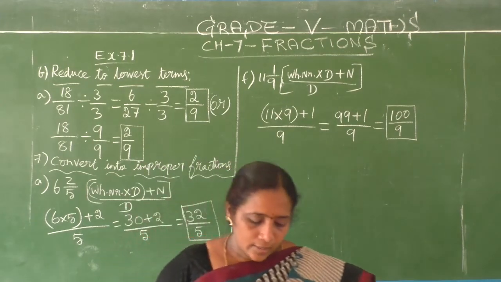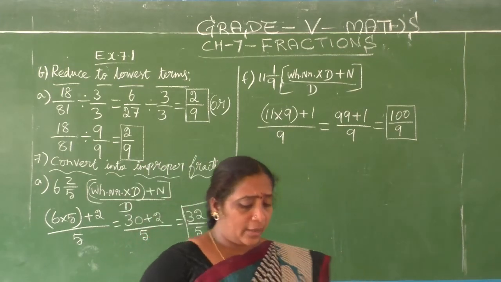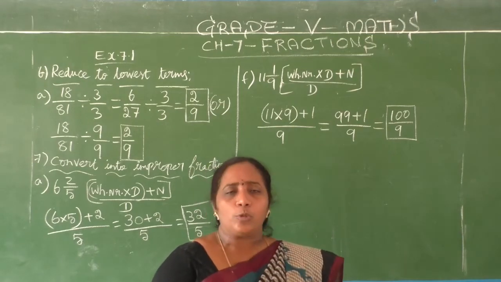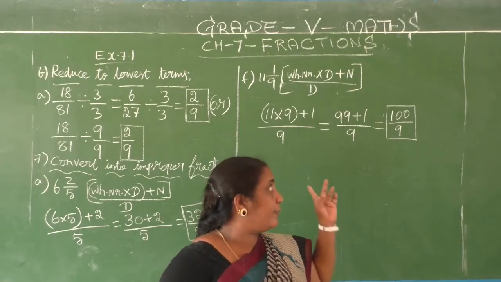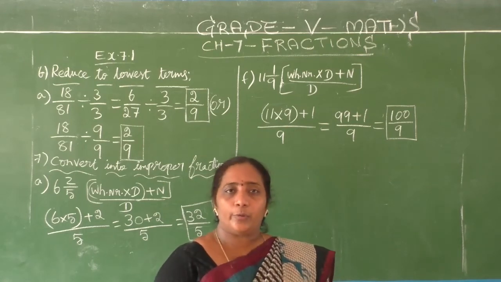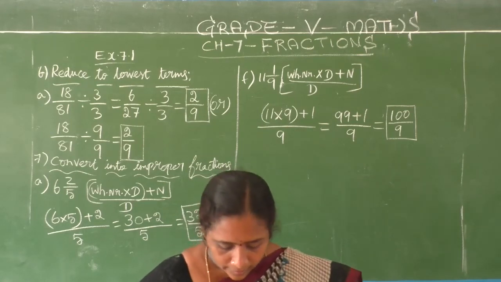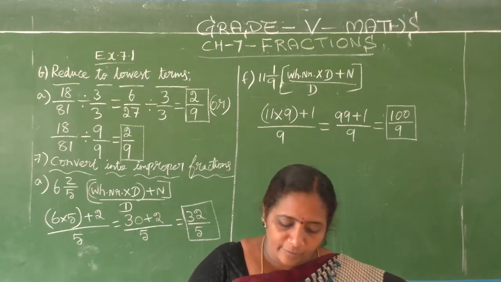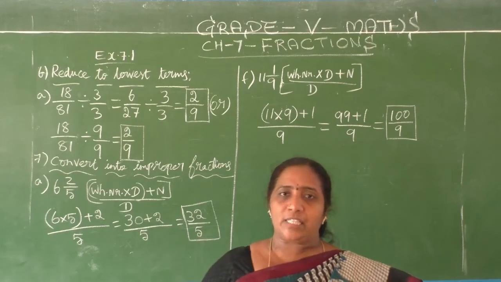Okay, ma? See, ma, here they gave 10 sums. I worked out 2 sums here. You can do any 2 sums. That's enough. 4 sums are enough in this Roman. No need to work out all the sums. Again and again I am telling you. Okay? Right. Then 8th Roman: change the improper fraction into mixed fraction.